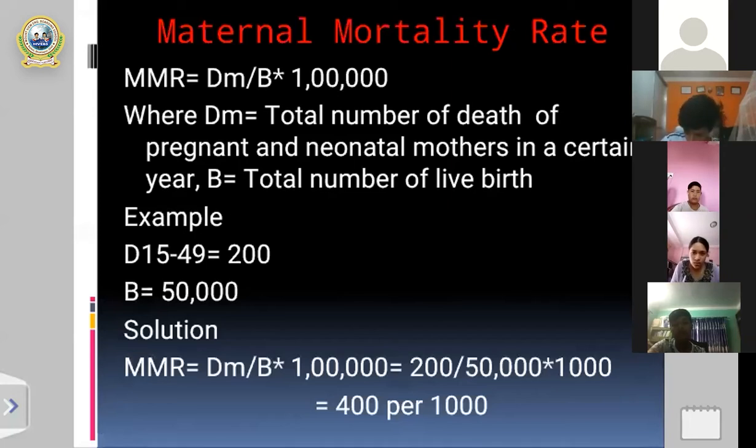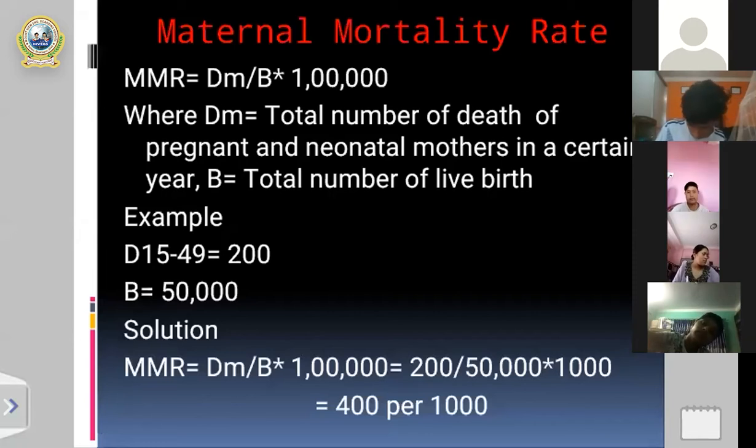The formula is there first of all, and after that there is also an example to calculate the MMR, short form of maternal mortality rate. Okay, my dear students, you can see the formula MMR equals D small m divided by B. Once again, I will repeat, D small m divided by B multiplied by 1 lakh.